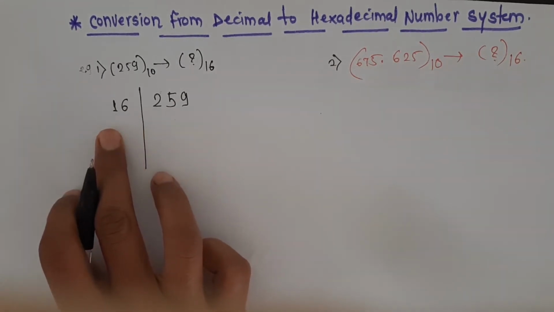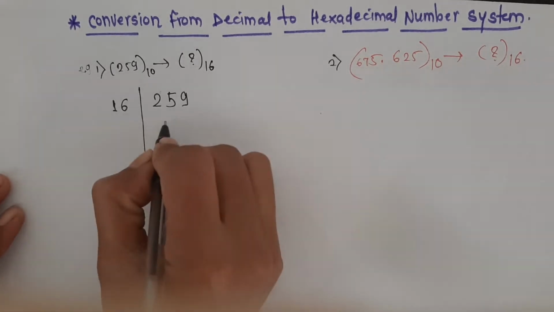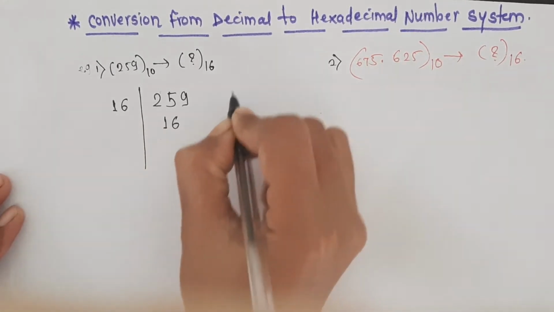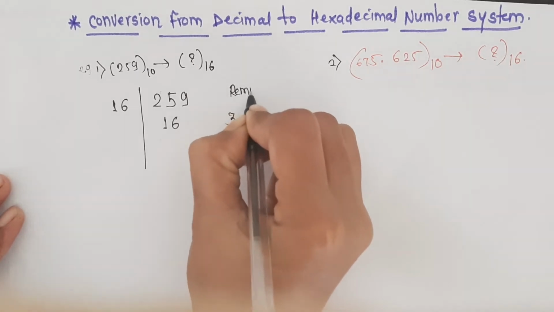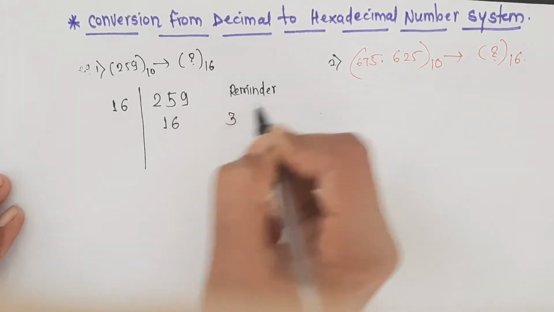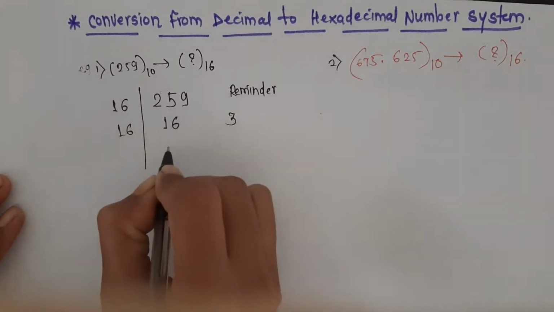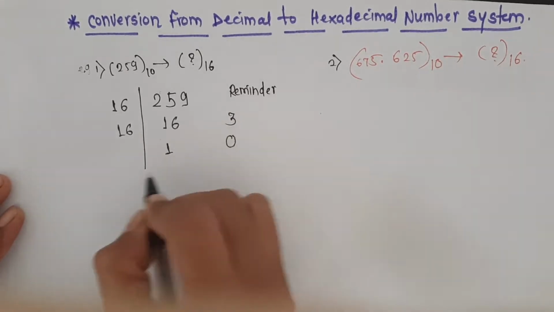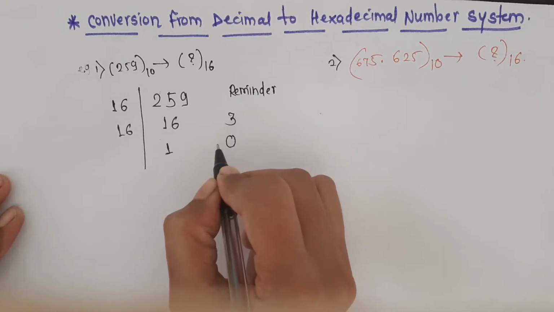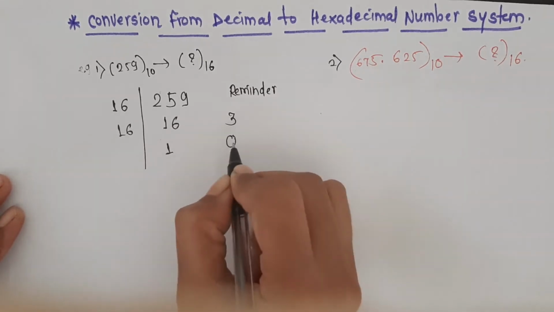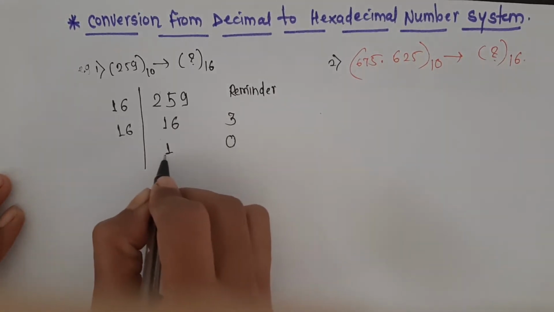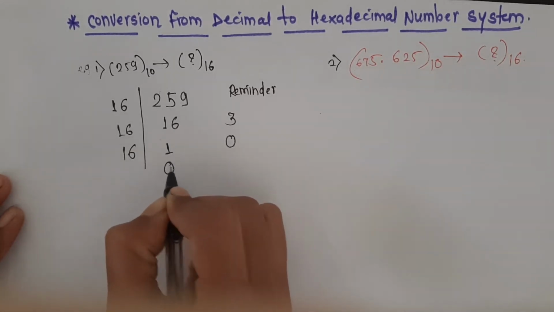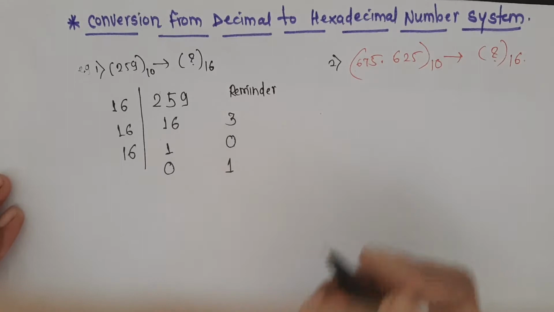Here we get 16 into 16 is 256, and the remainder will be 3. After that, 16 ones are 16 and the remainder is 0. And after that 1 is not divisible by 16, so here the quotient is 0 and the remainder will be 1.